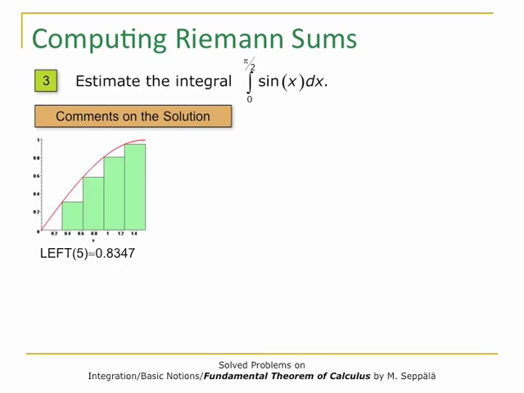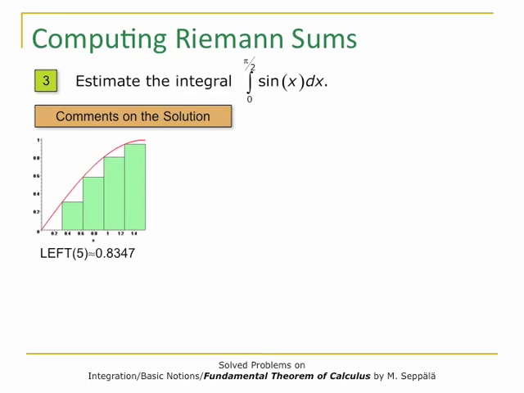So we estimated the integral from 0 to pi over 2 sine of x dx. That is the area under the graph of the function sine of x between 0 and pi over 2. The left approximation which we computed was approximately 0.8347, and that is the combined area of the green rectangles shown in this figure.